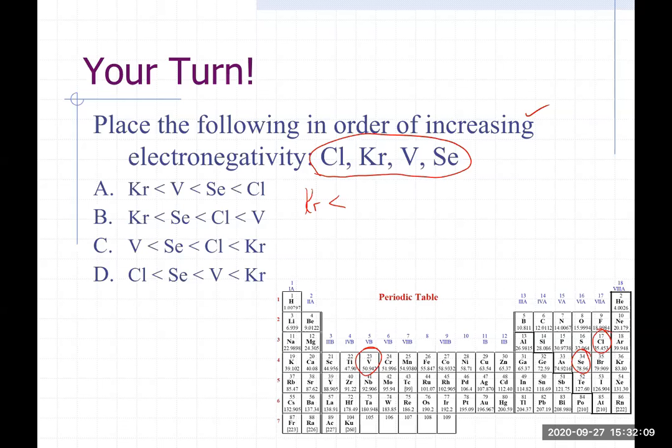The nonmetals want to gain electrons, so the nonmetals have the higher electronegativity over on the right side of the periodic table. That means vanadium is going to be here, and then selenium, and then of course chlorine with the highest electronegativity. And so we're looking at answer A.